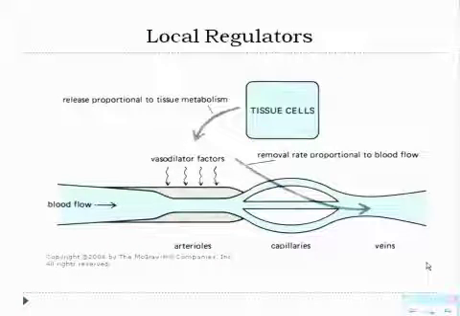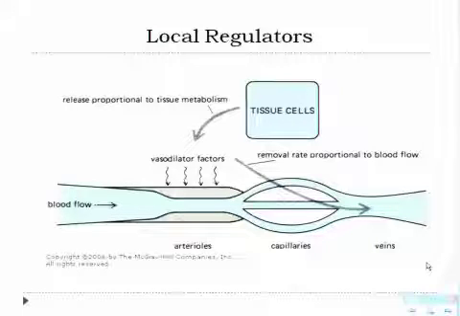These act as vasodilators, and the arteriole will vasodilate and allow more perfusion to hopefully give that tissue more oxygen and nutrients that it needs. At the same time, if that tissue is healthy and getting enough oxygen, it'll release other mediators which cause vasoconstriction. So this is a constant regulatory mechanism that's taking place.